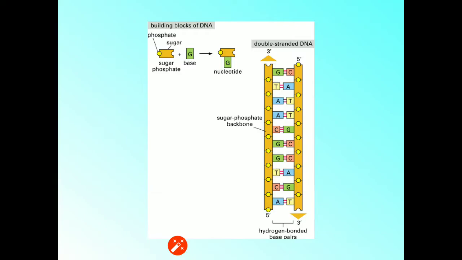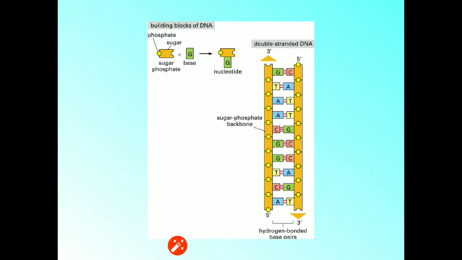Now the structure in detail. The basic building blocks of DNA are nucleotides, which in turn are made up of sugar, phosphate and base. Sugar and phosphate are arranged in the form of a strand or backbone, and the bases are located towards the inner side.